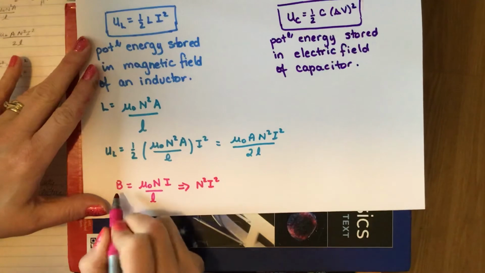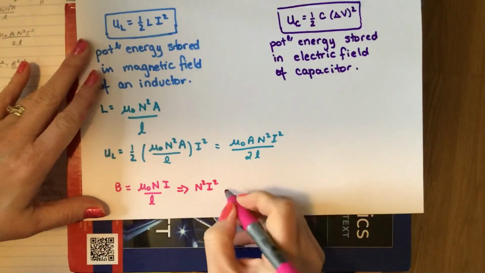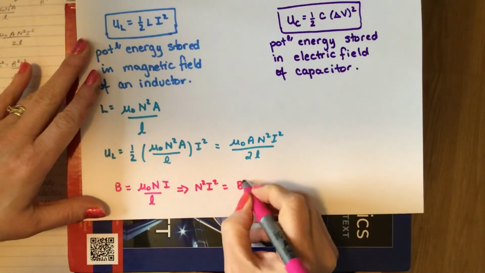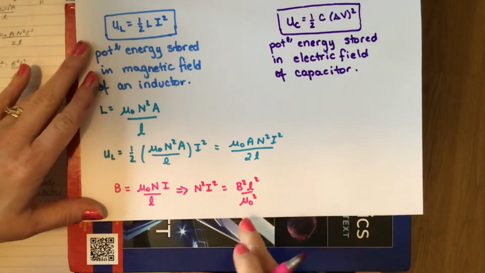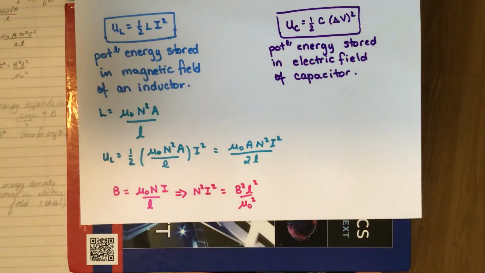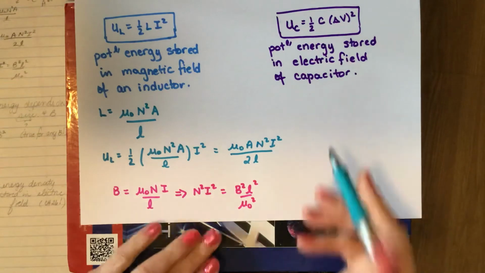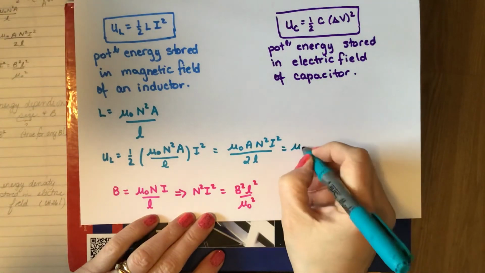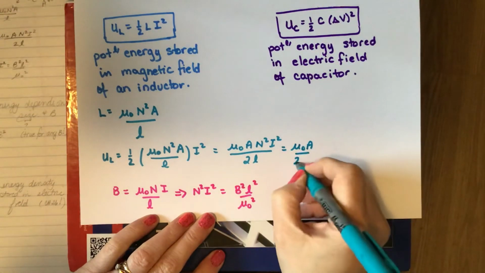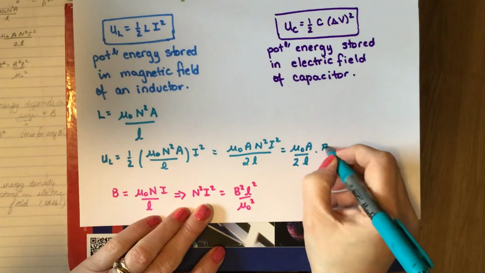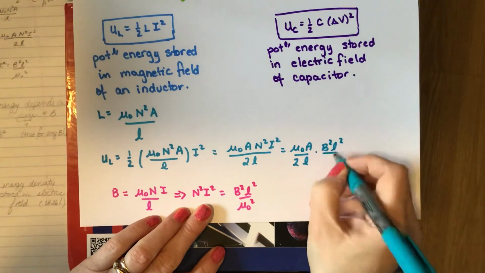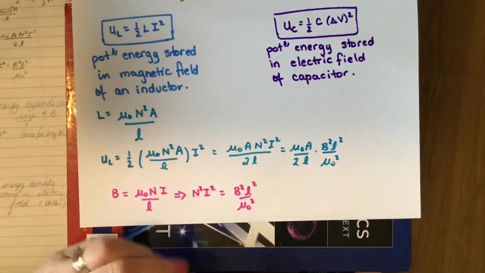So n times I is going to be B times L divided by mu naught. That squared will be B squared times L squared over mu naught squared. Okay, I'm going to put that in up there. So n squared times I squared is B squared L squared over mu naught squared.